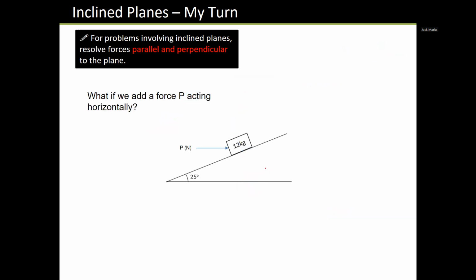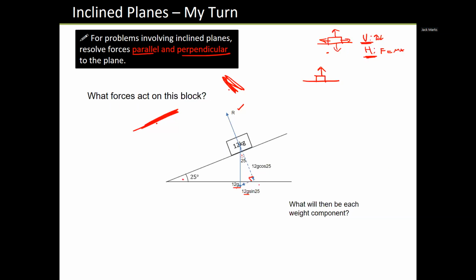Once you've done that, you could even ignore the original weight arrow on your diagram. You've now got all the forces on it. You've got the reaction force going away, and you've got the force acting into the slope. If you're wondering why it's going into the slope, that's the component of its weight acting into the slope. If you put something heavy on a slope, some of it acts into the slope, doesn't it?